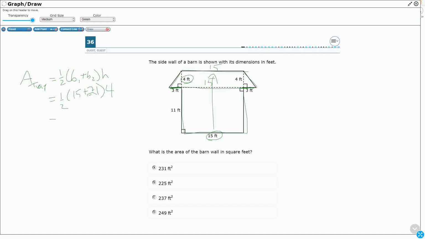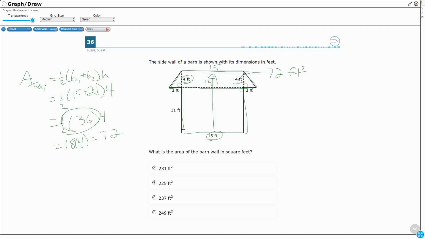So that's going to be 1/2 times 15 plus 21, that's 36, times 4. At this point, I'll just take half of 36, that's 18 times 4. And so that is going to get me 72. So just this right here is 72 square feet.